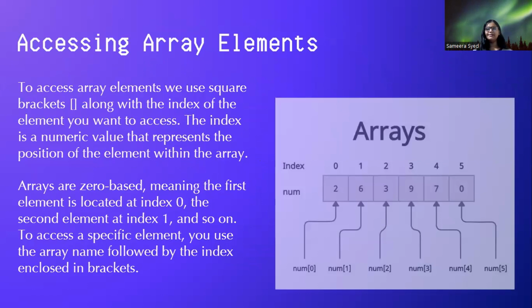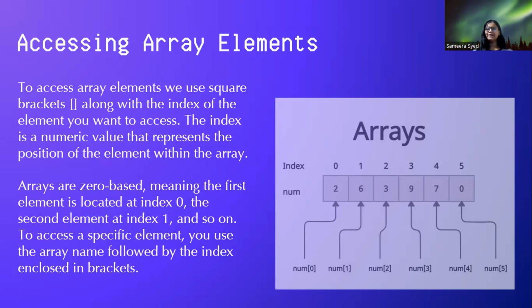Accessing array elements. To access array elements, we use square brackets along with the index of the element you want to access. The index is a numeric value that represents the position of the element within the array. Arrays are zero-based, meaning the first element is located at index 0, the second element at index 1, and so on.